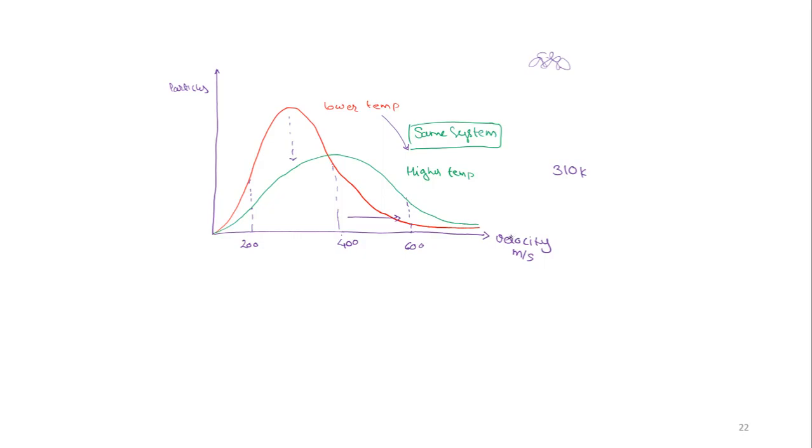The velocity distribution at 310K will remain the same every time you assign the velocities, no matter what your protein system is, right? You will not have to worry about the shape of the velocity distribution every time you begin a new simulation.